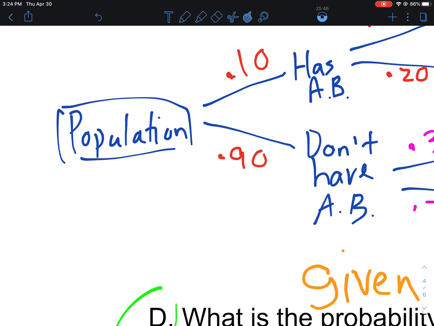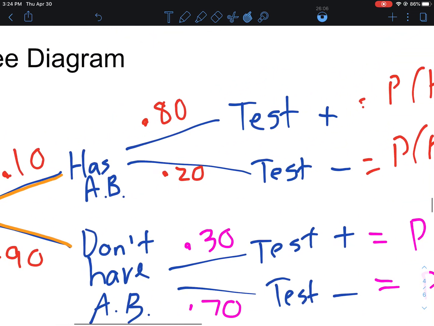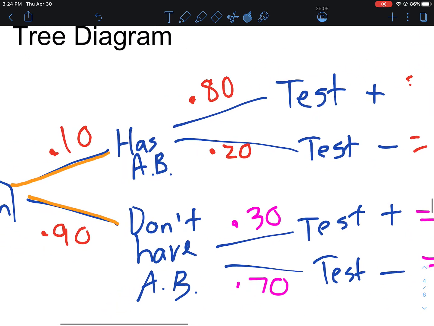Cool. Now, what's important is that whenever you do a tree diagram, when you branch out, these branches should add up to 1, and they do. Now, I'm about to do a branch out of has antibodies and a branch out of doesn't have antibodies, and the same rule applies. So if I go over here, you were told in this problem that the test correctly identifies someone who has antibodies 80% of the time.